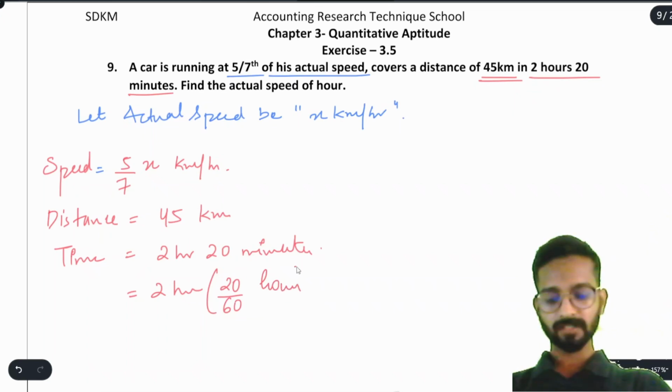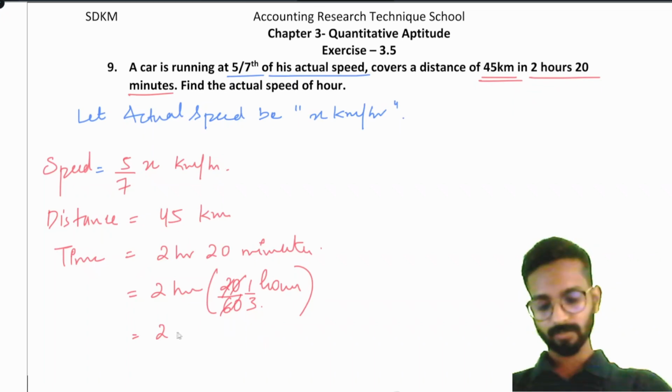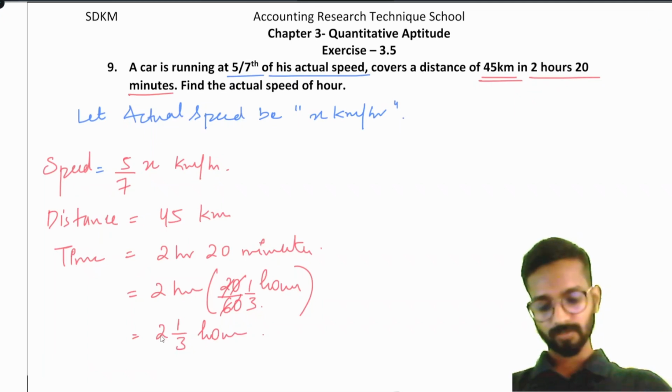You have to divide by 60 to convert minutes into hours. It will become 2 and 1/3. So 2 1/3 hours.